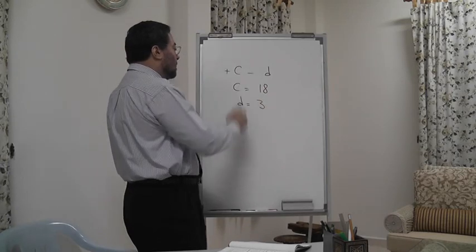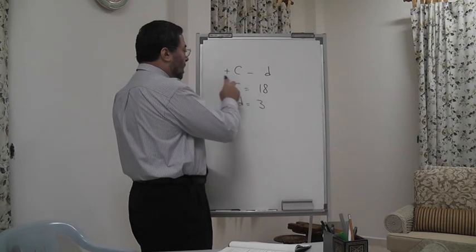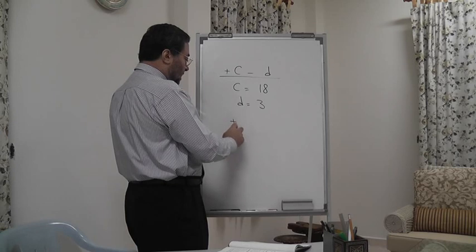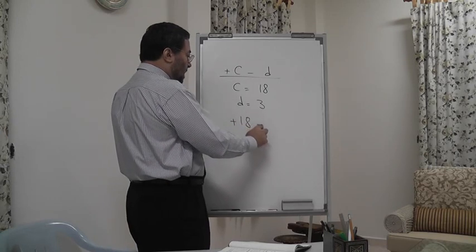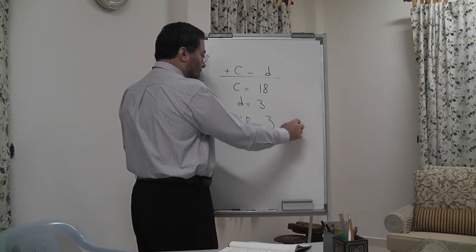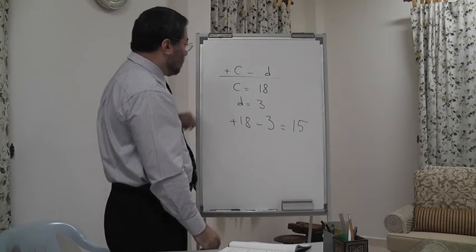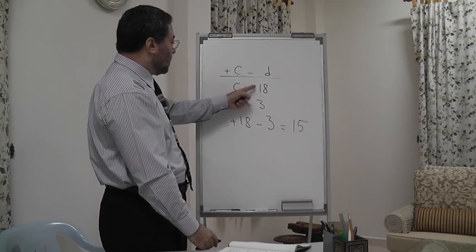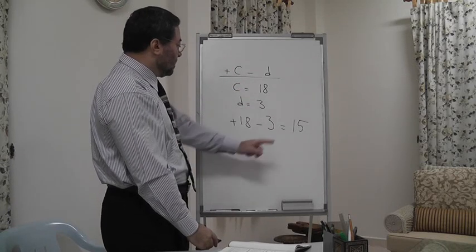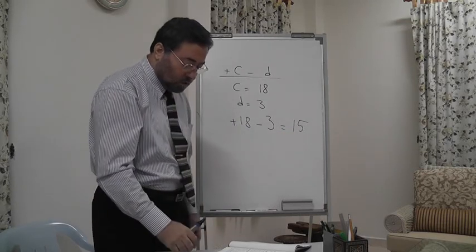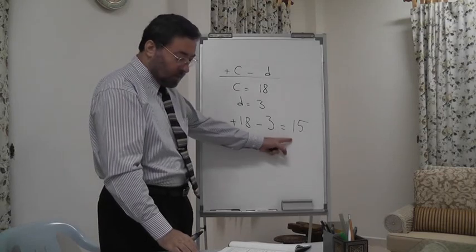We simply replace the values in our algebraic expression here. So I have plus 18 minus 3. And the value of this expression is 15. So when C and D are 18 and 3 respectively, then I have the value of this expression equal to 15.